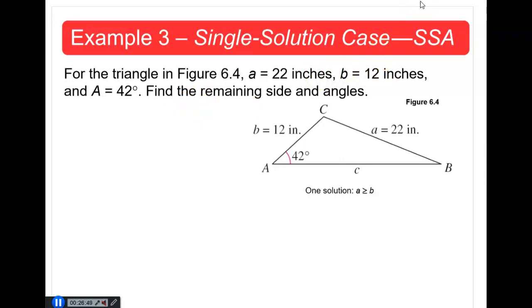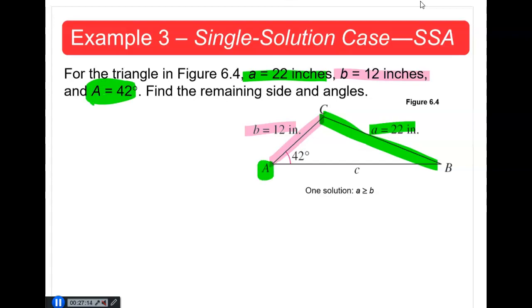So let's see, we have side A is 22 inches, and then we have side B is 12 inches, and we have one of the angles that is opposite to one of the sides, and for that reason the letters match, just uppercase, lowercase. So we have angle A is 42. So we are going to work with that, and we know that we are only going to get 1 solution because A, just like it says here, A is greater than B.